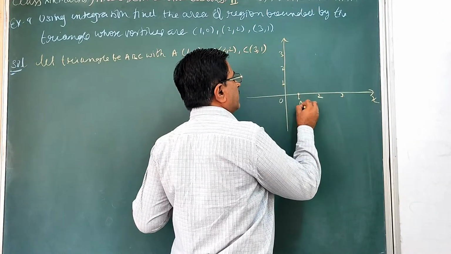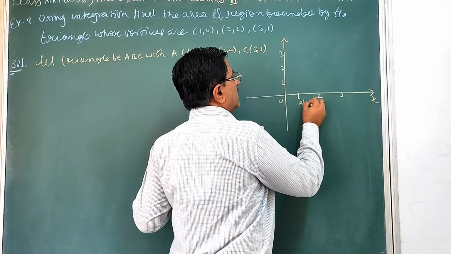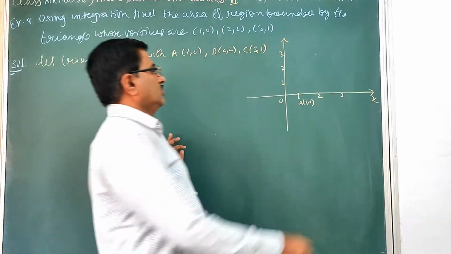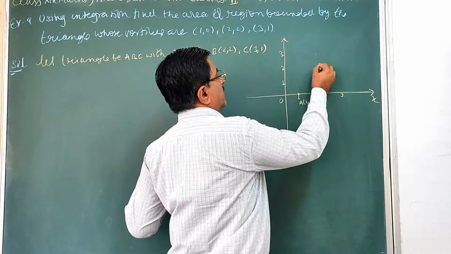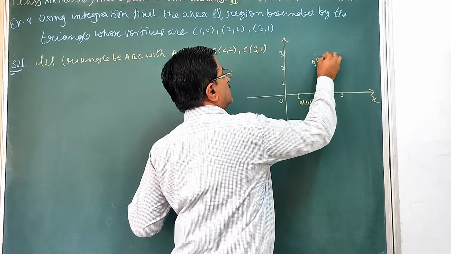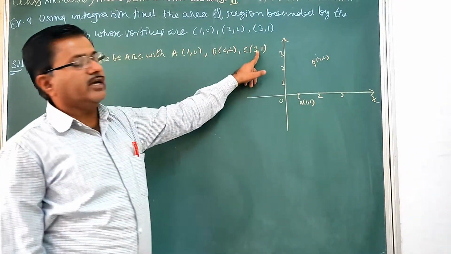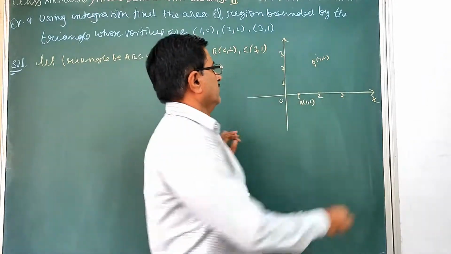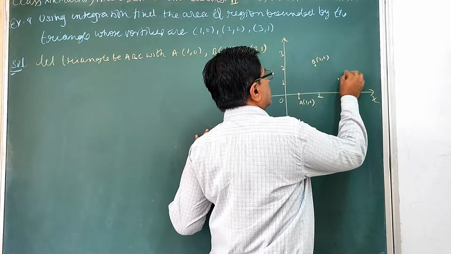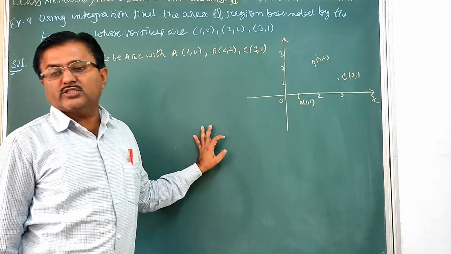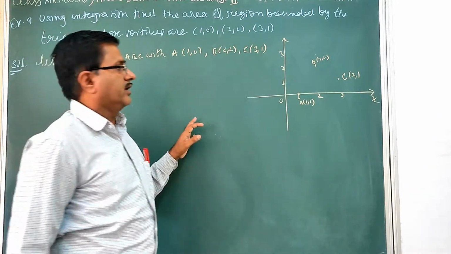So this is the point A, 1, 0. Then x equal to 2, y is 2. So x equal to 2, y equal to 2. Suppose this point B. Then x 3, y 1. X 3, y 1. In the graph, see this point here. This is C, 3, 1. Now join all these three vertices, we get the triangle.